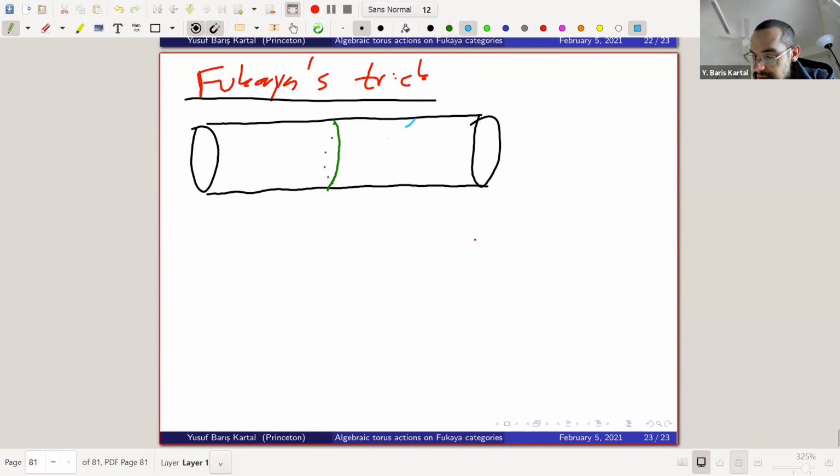case. Okay, so let's say I have two Lagrangians like this, L1 and L2. L2 should have been blue anyway.